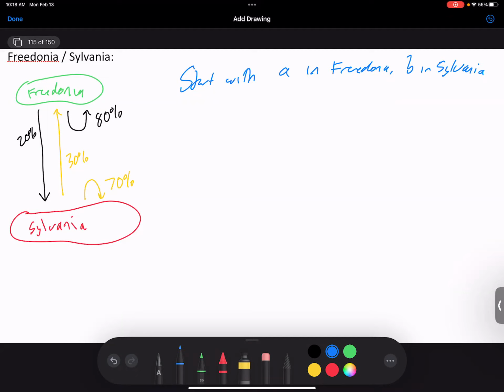They're more likely to stay in Fredonia than to leave. So the population of Sylvania is going to start to go down. But if there's a lot more people in Fredonia, you're going to have more people going from Fredonia to Sylvania in the beginning than Sylvania to Fredonia.